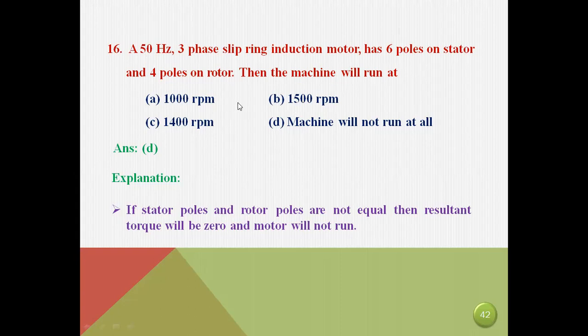Like that, if you are solving, you will get confused. But if they are giving the same poles, at that time you will get one of these answers. But what they have given is an induction motor in which stator and rotor have different poles. So we can say if they are not equal, then the resultant torque will become 0 and the motor will not run.